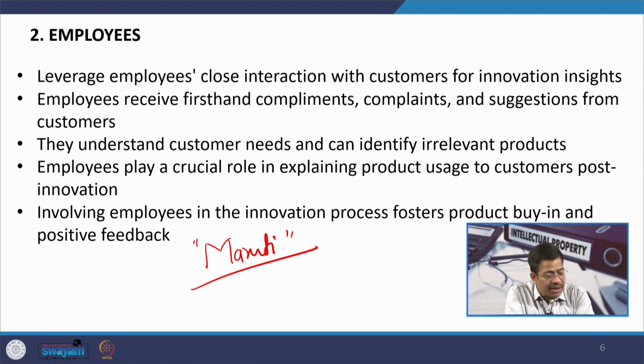They started taking these ideas from their own employees, and Mr. R.C. Bhargav, who was for many years CEO of Maruti, mentioned in his autobiography how they saved a huge amount of money, around 400 crore rupees plus, because of the innovative ideas given by employees of the Maruti Gurugram plant. So, taking the employees' perspective will also help you in getting new ideas, and employees are a very important source of creativity.